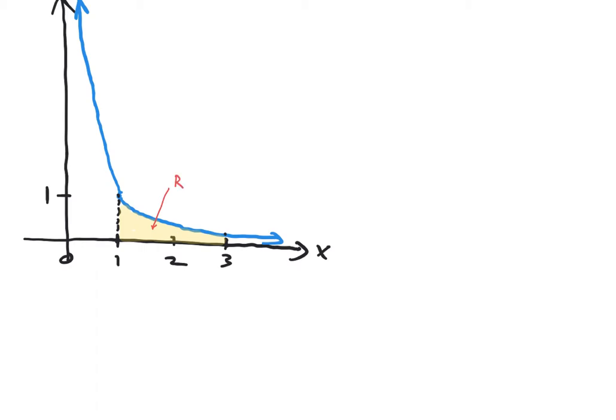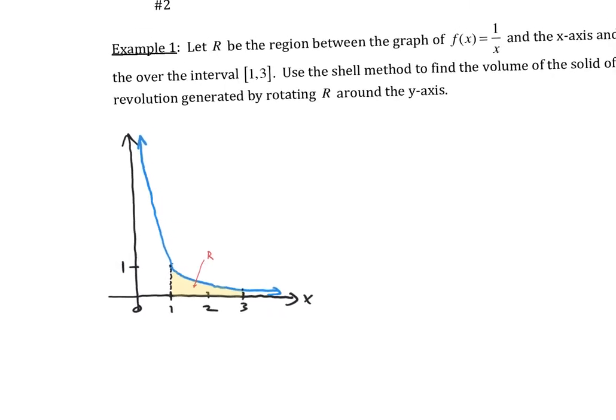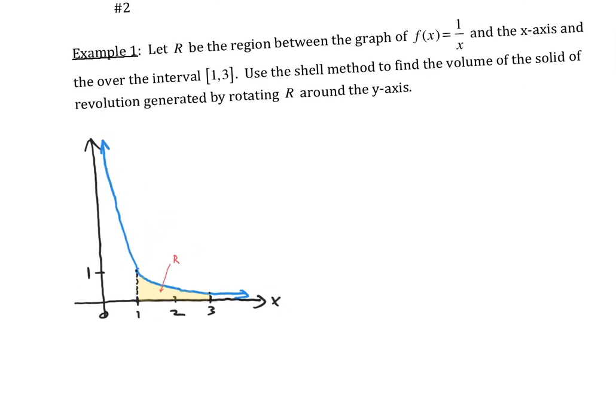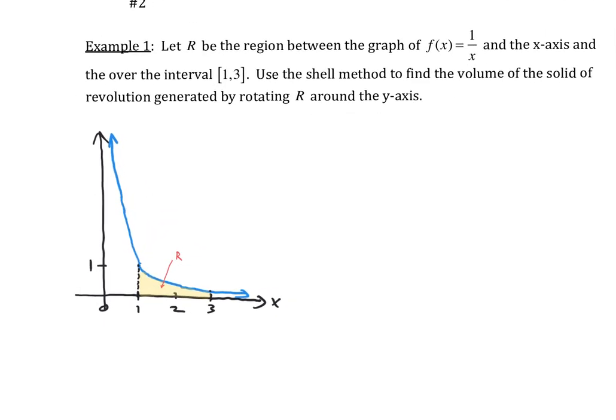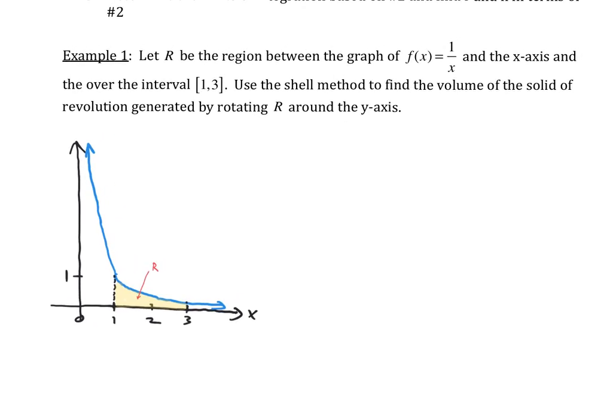Okay, so I think the final thing I need to do is label my axis of rotation. So my axis of rotation is going to be the y-axis. So let me put a little loop about the y-axis like this. And we know we need to chop up parallel to the axis of rotation.